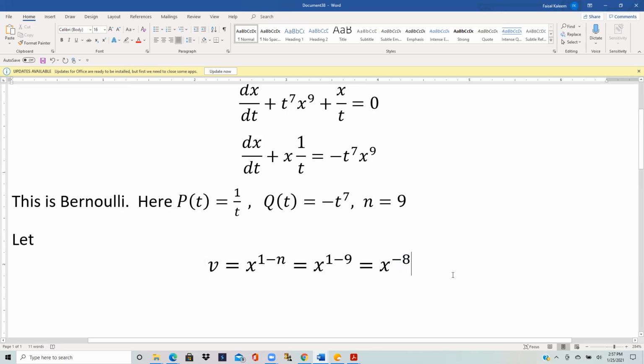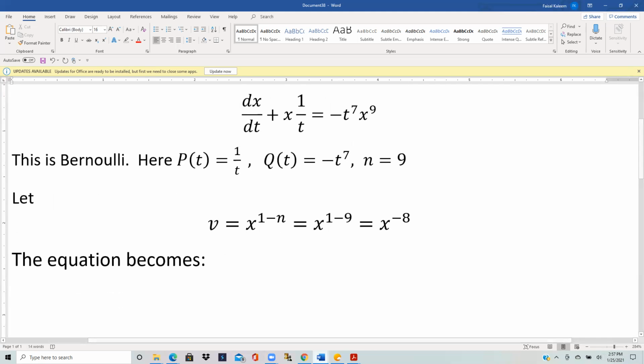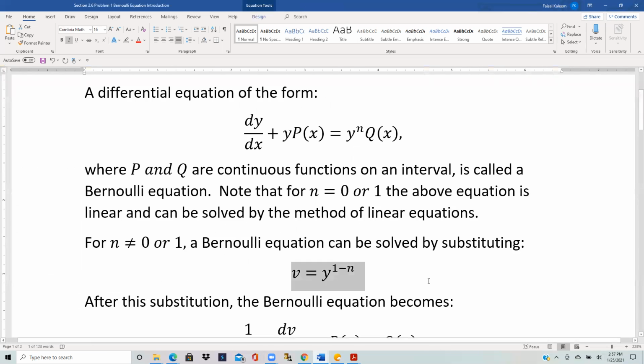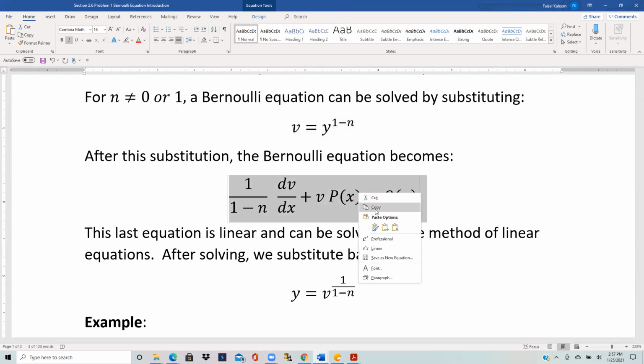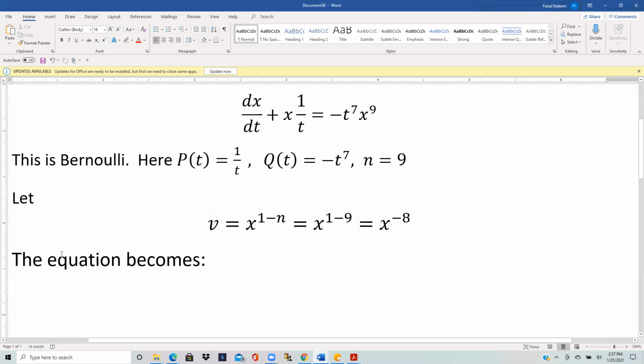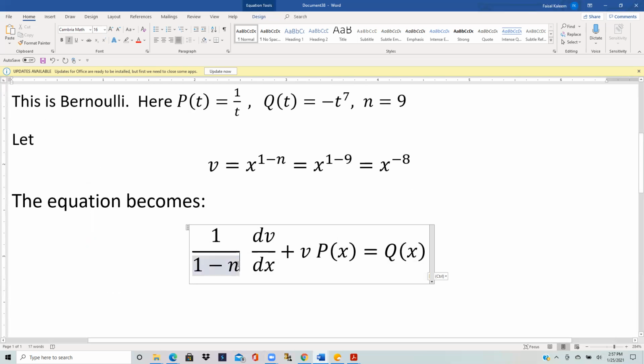And the differential equation becomes, so once again, recall that in general, after this substitution, this is what it becomes. So it'll be 1 over 1 minus 9 dv over dt.